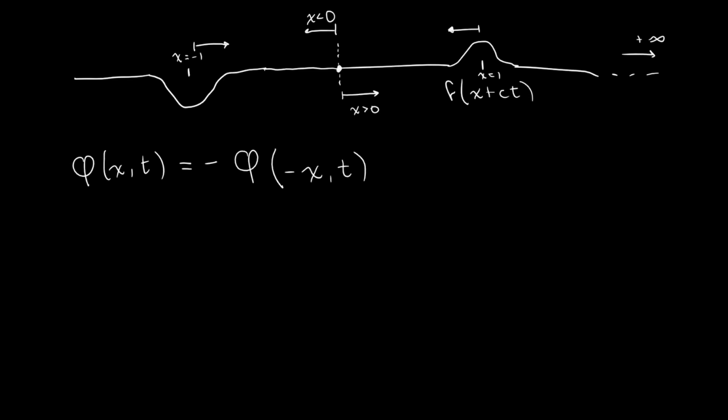And they're just exact negatives of each other. And you can see that this tells me that at x equals 0, phi of 0 goes to minus 0, and I still get 0. And this is only ever going to be satisfied if it's 0. 0 is the only number which is its own negative. So you see, this is automatically satisfied. This automatically takes care of everything.